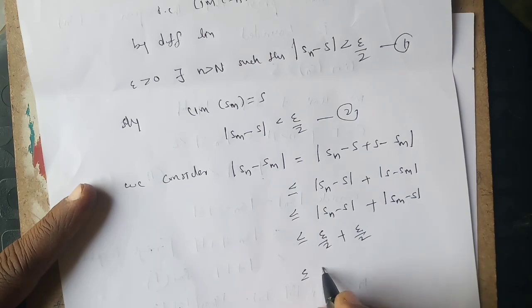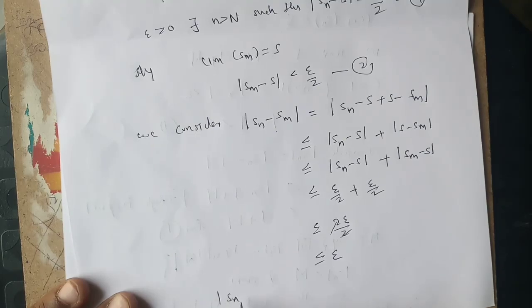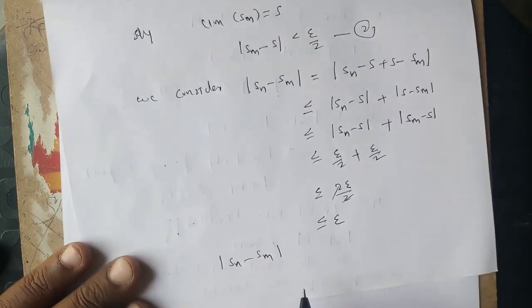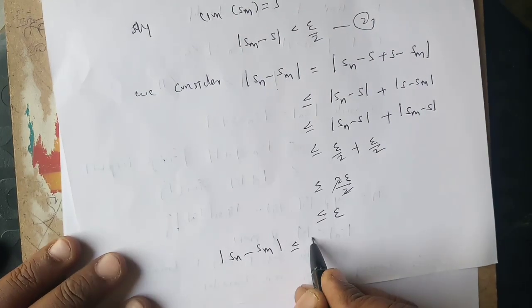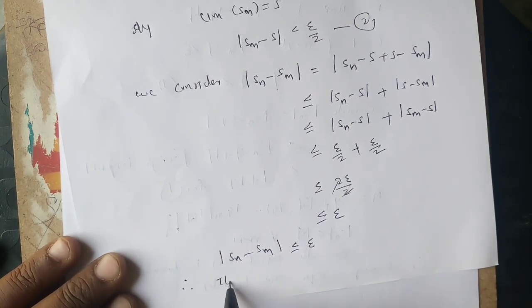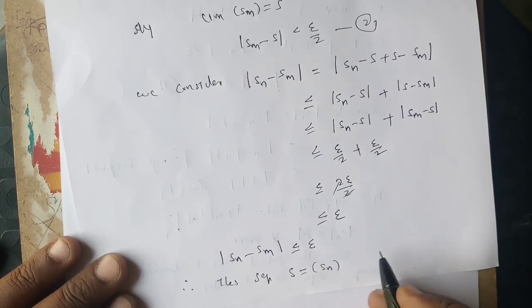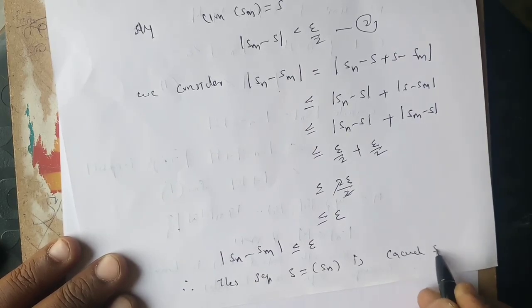So we get 2 epsilon by 2, less than or equal to epsilon. So mod Sn minus Sm is less than epsilon. Therefore the sequence Sn is a Cauchy sequence.